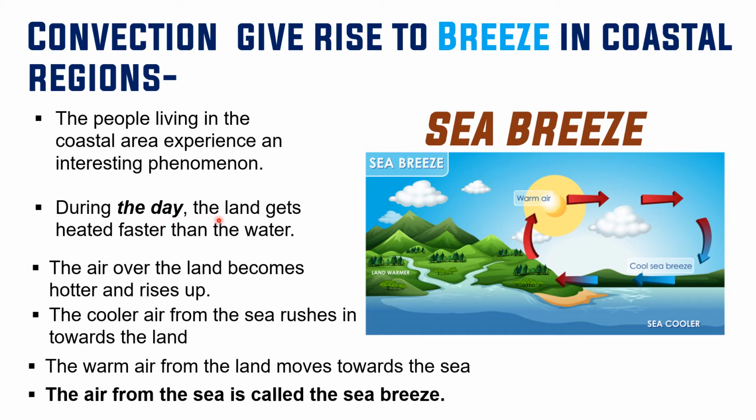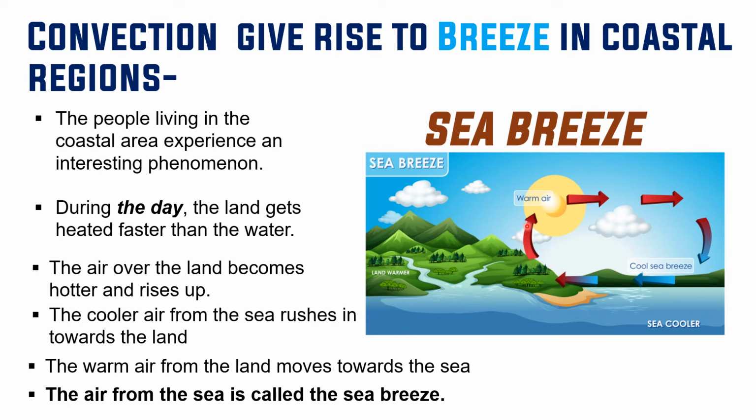During the day, the land gets heated faster than the water. In the picture you can see that this is daytime, the sun is there. Here is the sea water, and here the land. The land is heated faster than the sea water, so the air over the land becomes hotter and rises up.